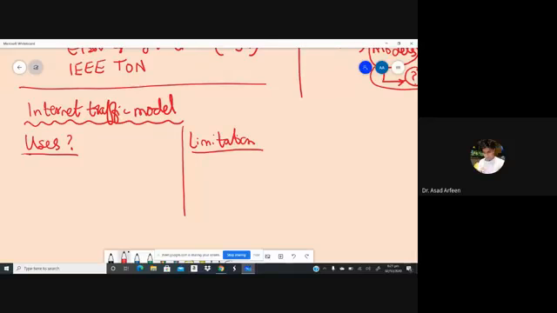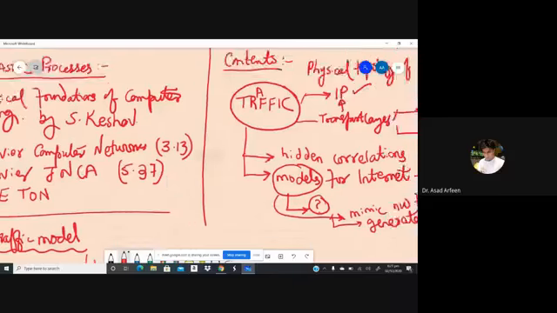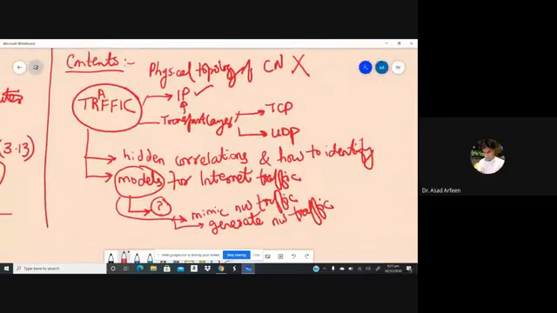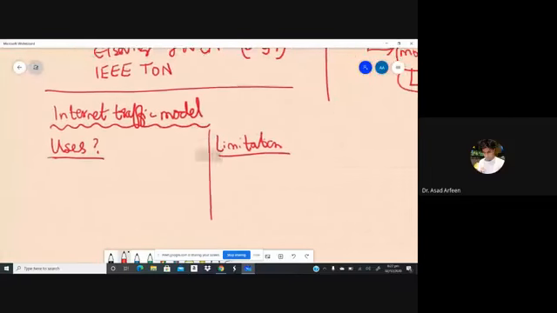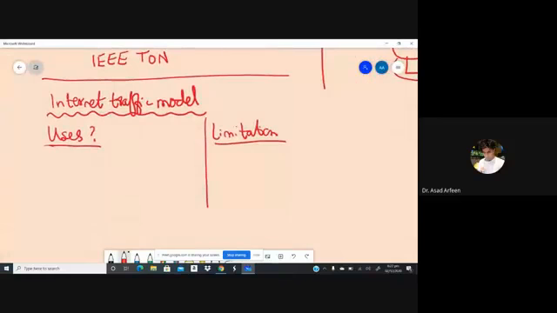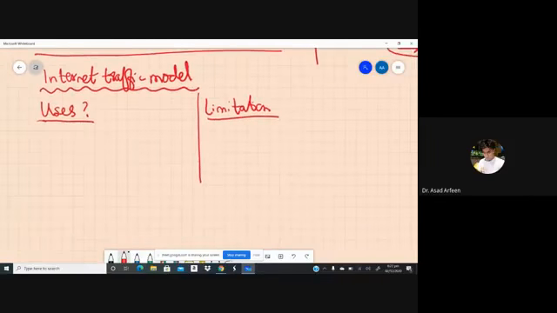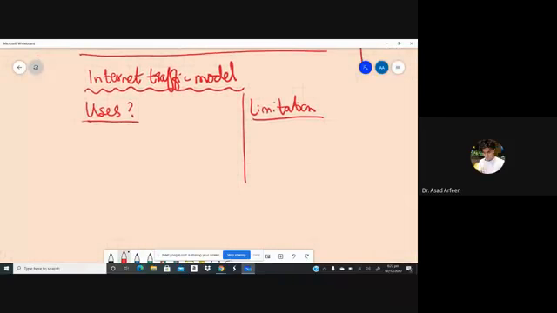If you want to repeat what a traffic model does, it mimics network traffic and explains the stochastic properties of network traffic, and then it can generate a real kind of traffic. I hope the slide and what I'm writing are clear. I need your help in identifying the uses and limitations of internet traffic models. Come on, think on this and give me some pointers.